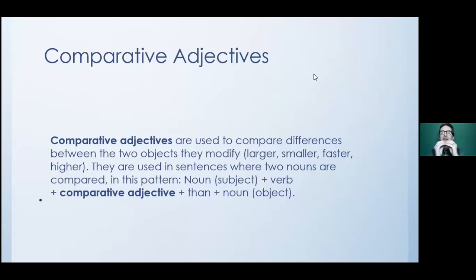So we need the noun, which is me, plus the verb, plus the comparative adjective. I am, he is, it's called the verb to be, plus the comparative adjective, taller, faster, younger than the next person.